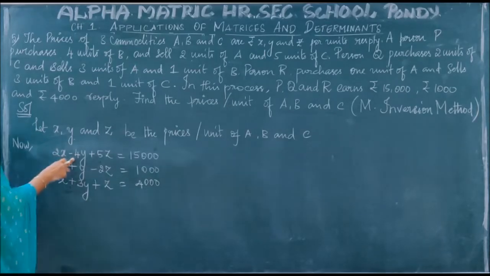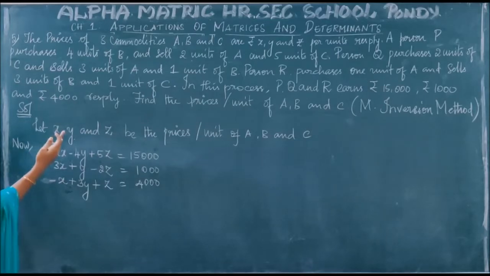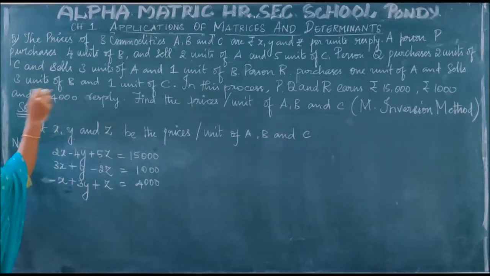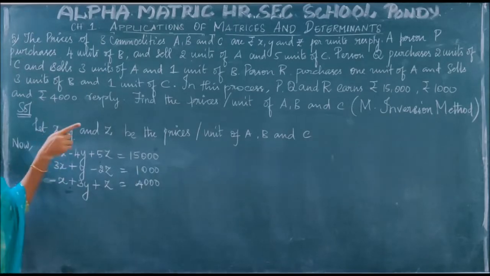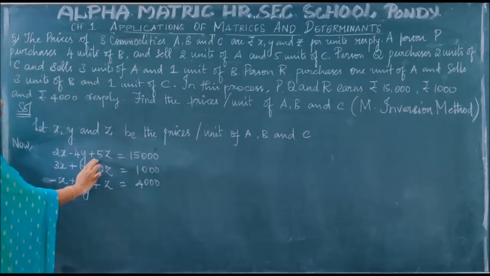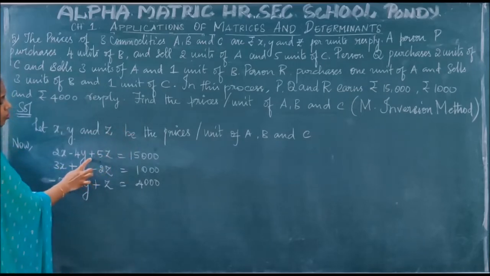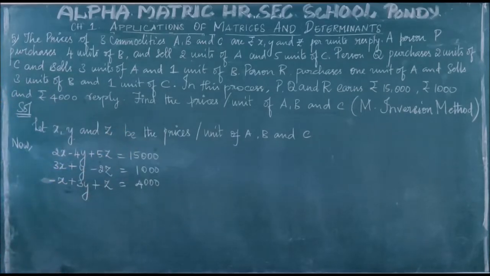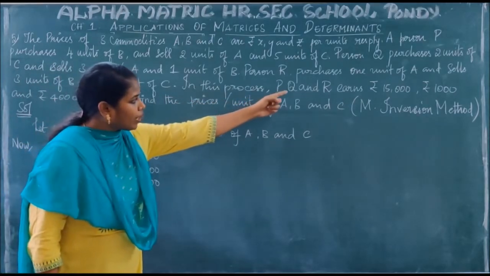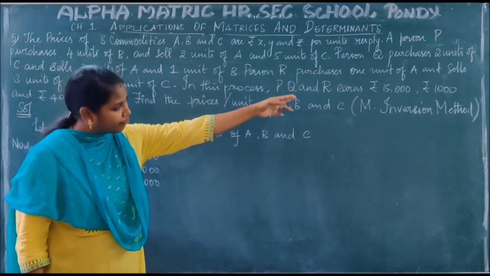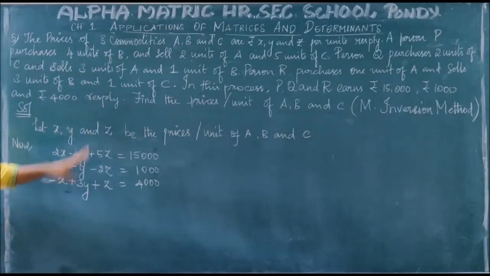So it becomes minus 4y, and he sells 2 units of A. The price of A is x, so it becomes 2x, and the price of C is z, and he sells 5 units, so it becomes 5z. Similarly, P, Q and R earn rupees 15,000, 1,000 and 4,000.